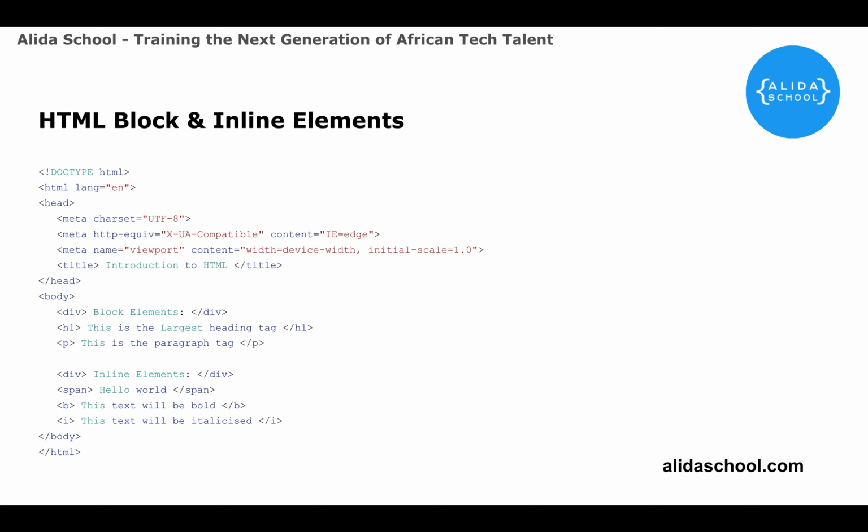The paragraph tag is simply the element used in creating paragraphs while writing your article. Then you have the second example of the inline elements, the span, which contains the hello world text, the bold, which has an acronym of B, contains the text will be bold, and last but not the least, the italics.